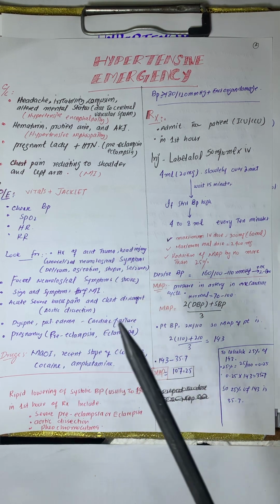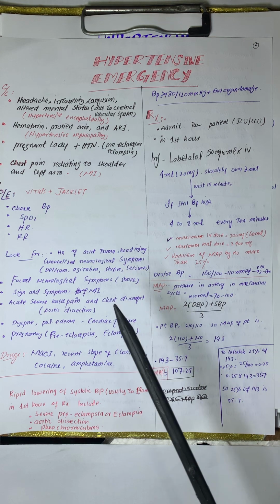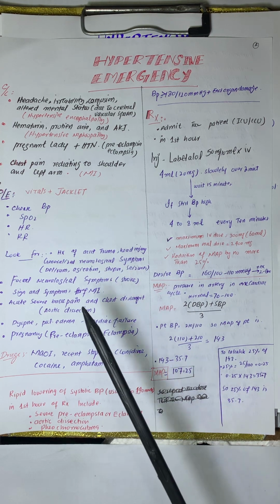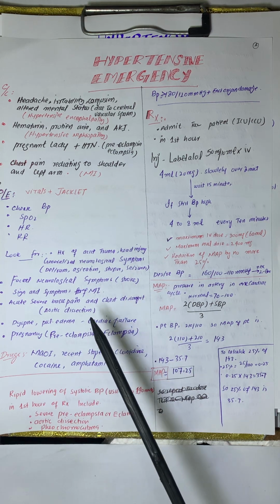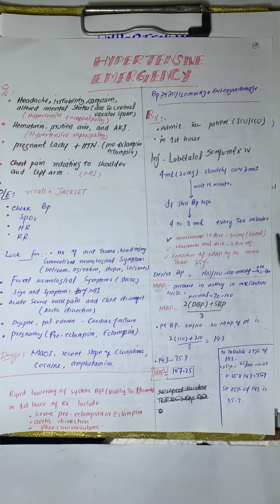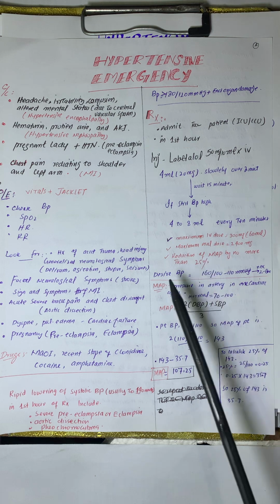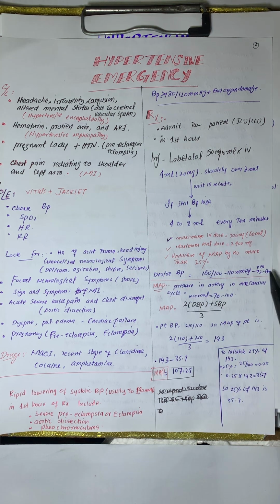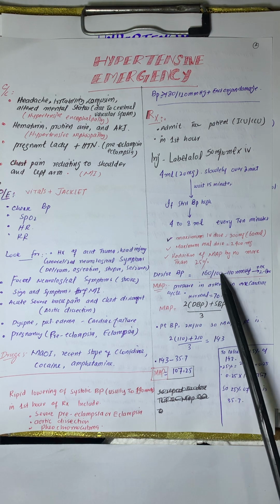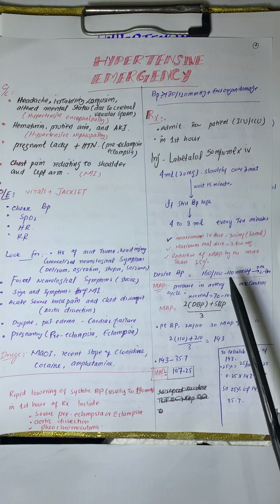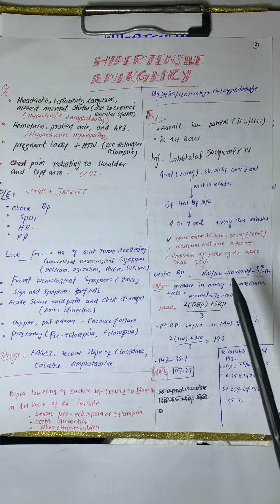If perfusion decreases, then coronary ischemia, cerebral ischemia, retinal ischemia, and other serious complications occur. So in the first hour, you decrease the mean arterial pressure by up to 25%, and in the next 2 to 6 hours you reduce blood pressure to 160 by 100 mmHg, and you reduce to baseline in 24 to 48 hours.